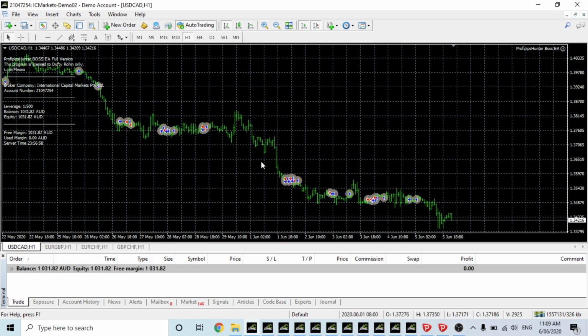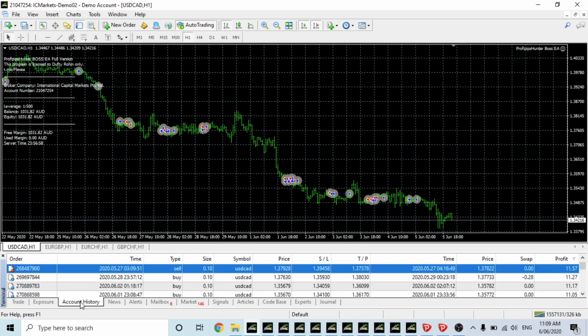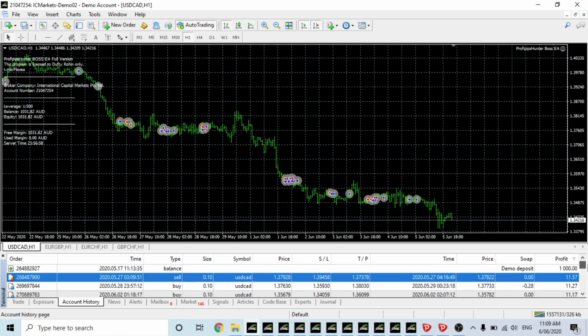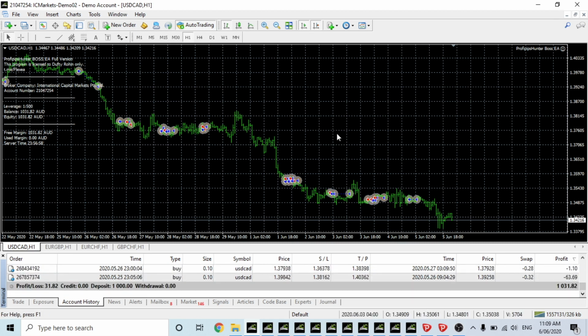Aha! So it looks like all the trades were done with USD CAD, and if we have a look at the account history, we can easily see that all the trades are USD CAD. So I'm not sure why that is. I might have to just restart the terminal.